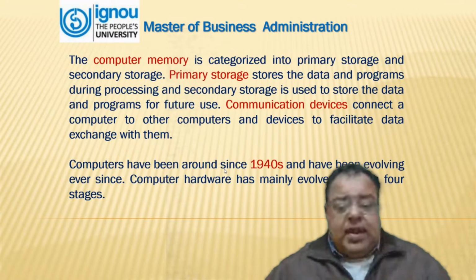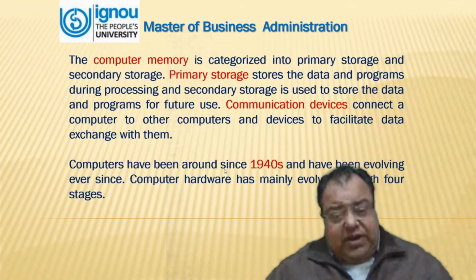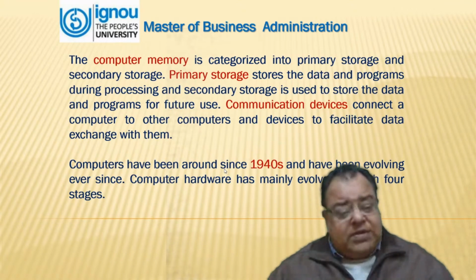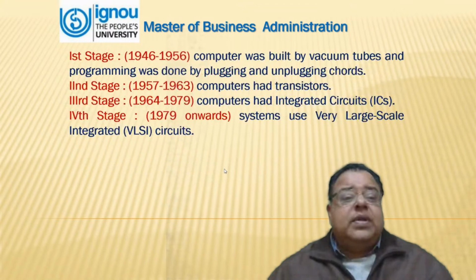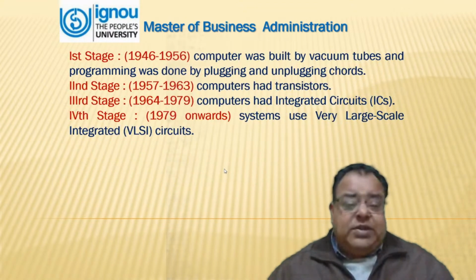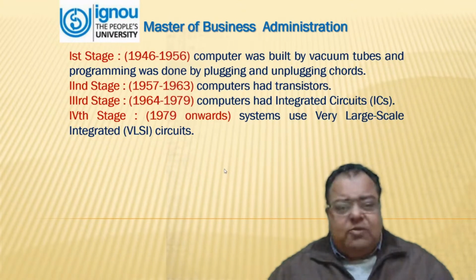Computers have been around since 1940 and have been evolving ever since. Computer hardware has mainly evolved through four stages. The first stage was from 1946 to 1956, where computers were built with vacuum tubes and programming was done by plugging and unplugging cords.